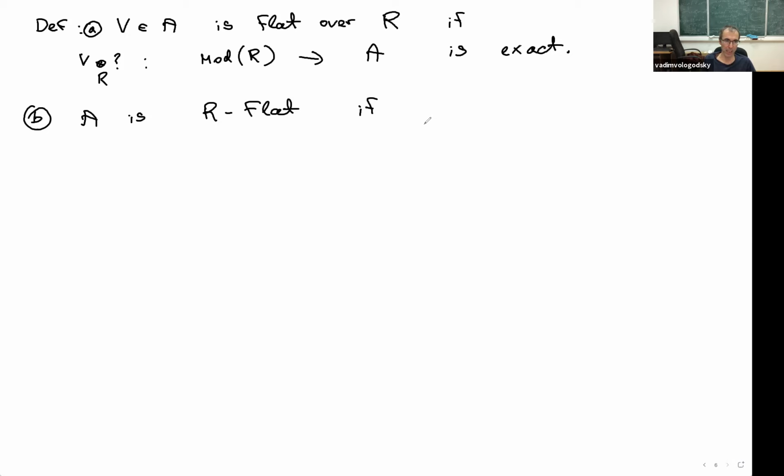So the question is whether you can characterize the property of an algebra A being flat over R just in terms of the category of modules over A. And the answer is the following: A is R-flat if A is generated by flat objects.